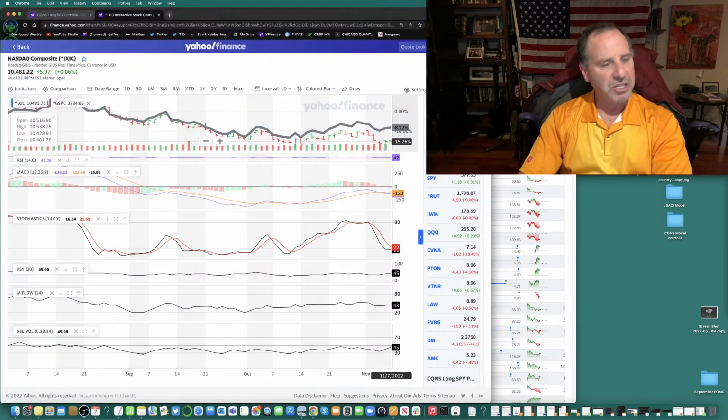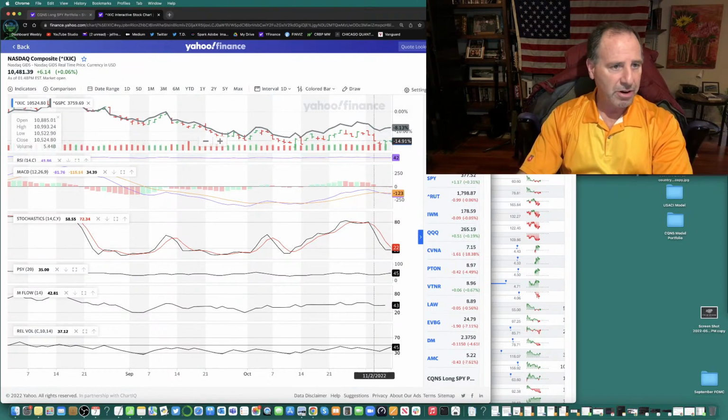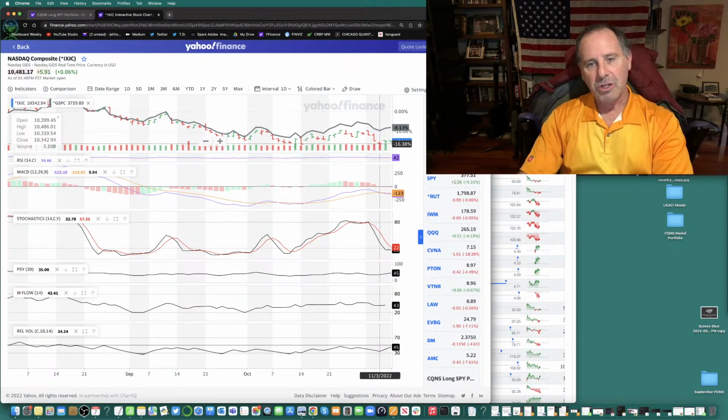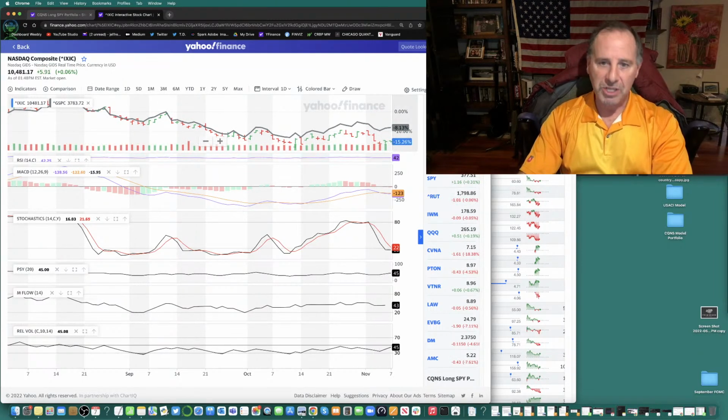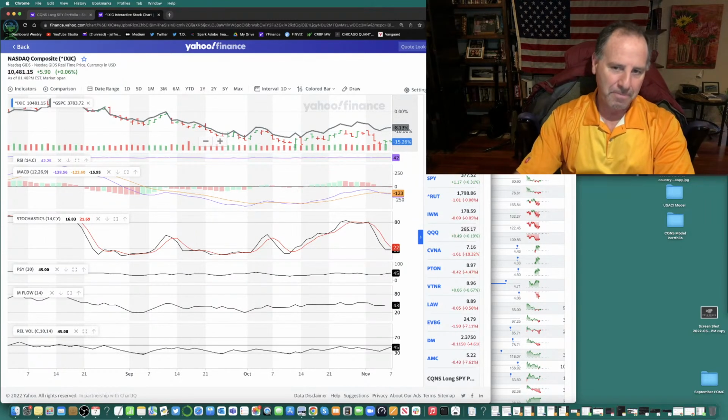The variance of the Nasdaq, which is the lower one, is almost double the variance of the S&P 500. And so you can also see that the return is about twice as bad as well. Twice as much risk, twice as much negative return.